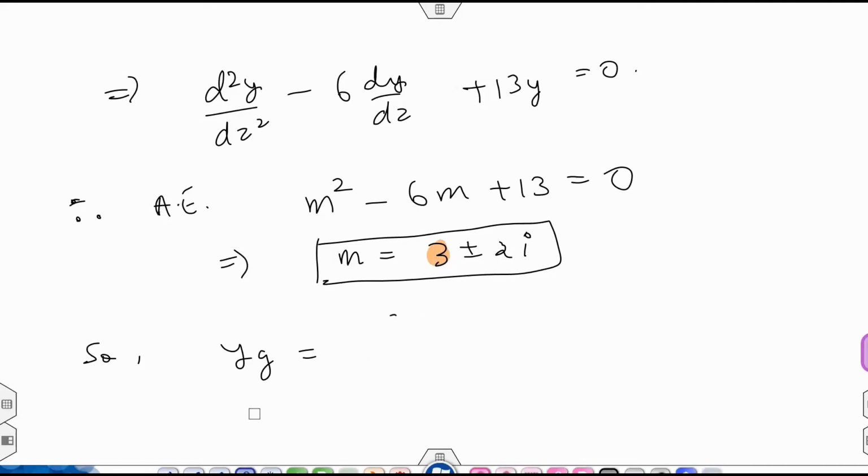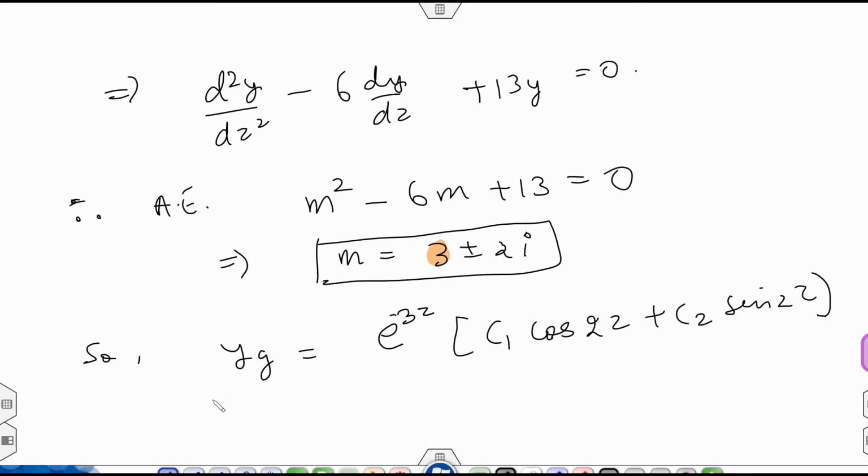So what will be the general solution? It will be e to the power 3z, this is the real part, times c1 cos 2z plus c2 sin 2z. Again, we have to change the variable z into variable x, as our original question was in x and y.